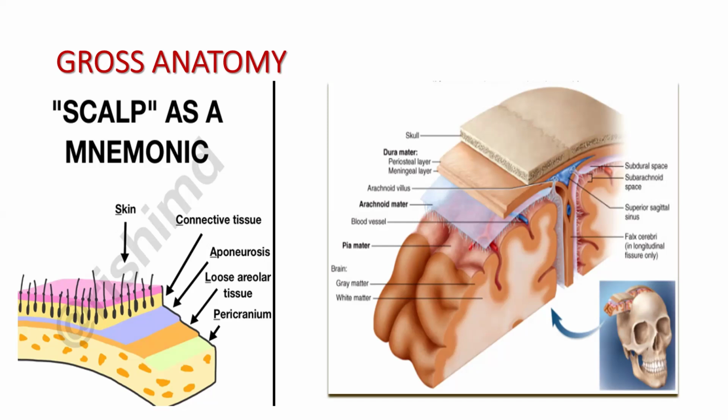Those are the 5 layers of the scalp that we have to be mindful about. And this is important because when we have lacerations to the scalp, we have to make sure that these layers are repaired, or a hematoma can accumulate in here and it can become problematic. The picture on the right shows the layers when you finish the scalp and you go inside.